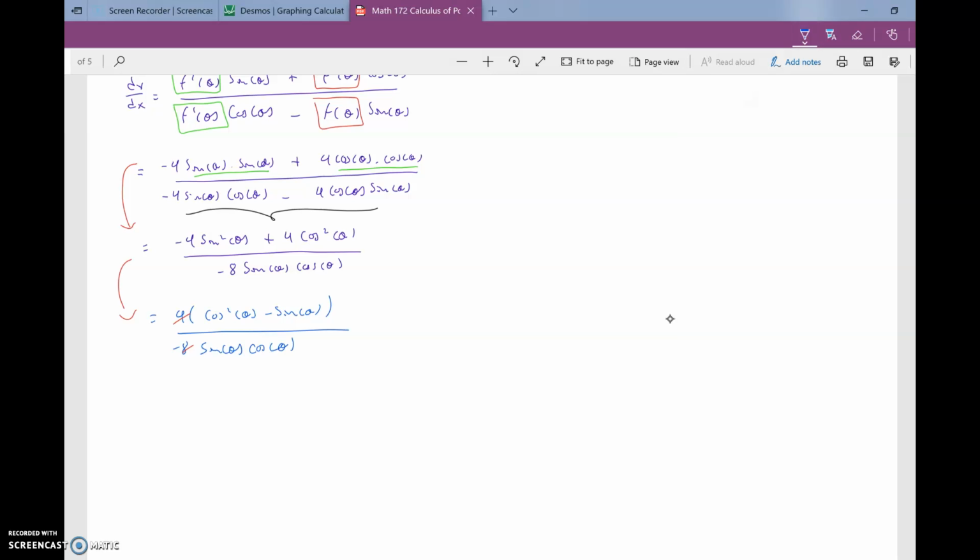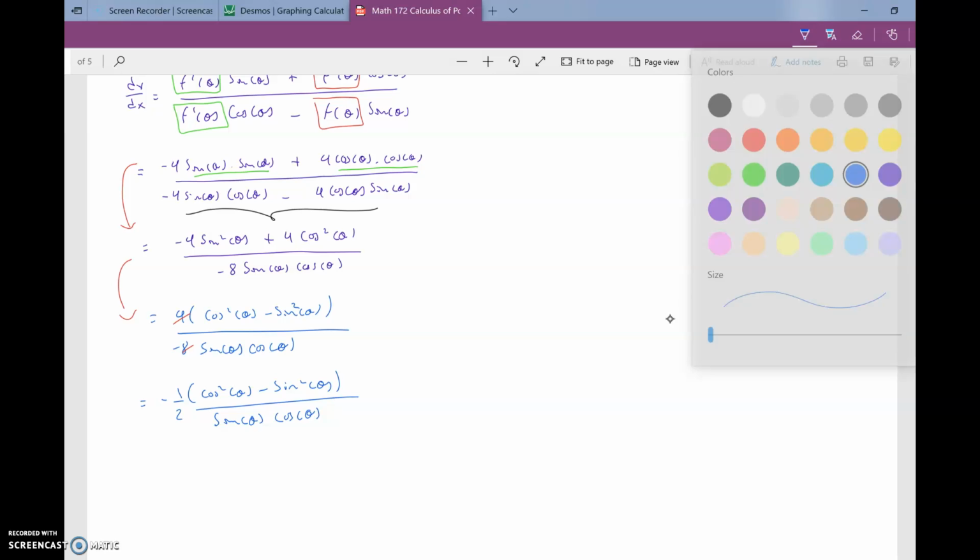so we're rewriting it as, this is equivalent to negative 1/2, and then on the top you have the cosine squared of theta minus sine squared of theta. This is supposed to be a squared, and then at the bottom you have the sine of theta cosine of theta.